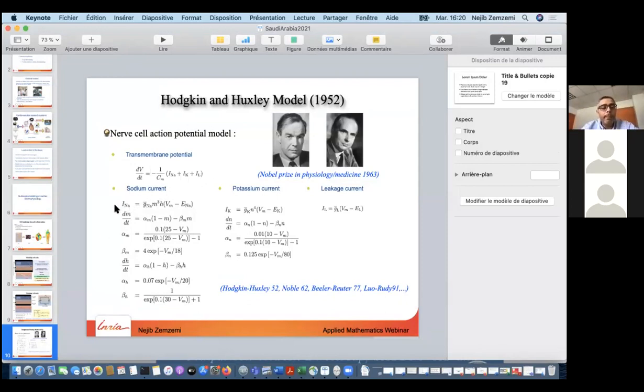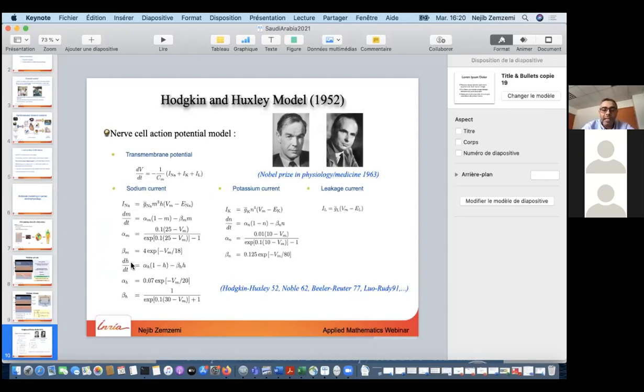So this is the sodium current, and as I told you, there is a unique expression of the gate variable. For the sodium current, there are two gate variables. One is M and the other one is H, and for each of them, you have the same representation: alpha M times 1 minus M minus beta M. You can expect an exponential representation of the activation of the gate variable.